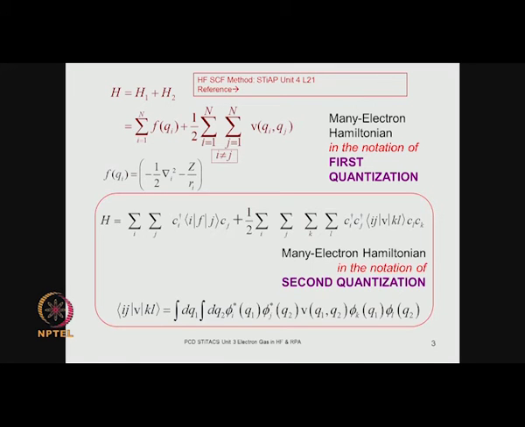Now, in the second quantization notation, the same Hamiltonian is written in this form as we have discussed in unit 2 of this course. In the previous unit we developed methods of second quantization, introduced the creation and destruction operators, and in terms of these we wrote the n electron Hamiltonian in the second quantization notation.